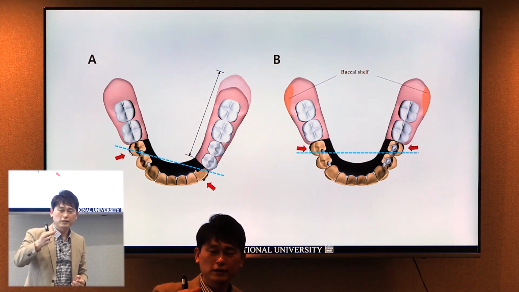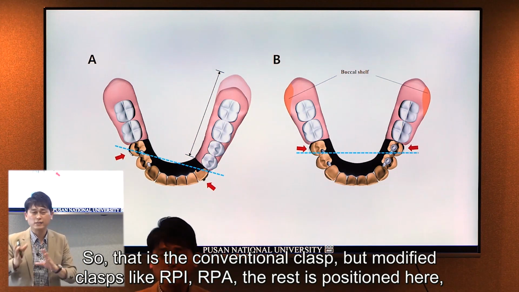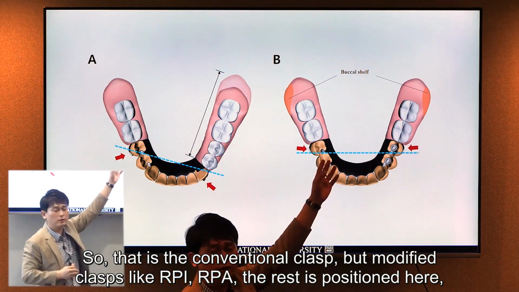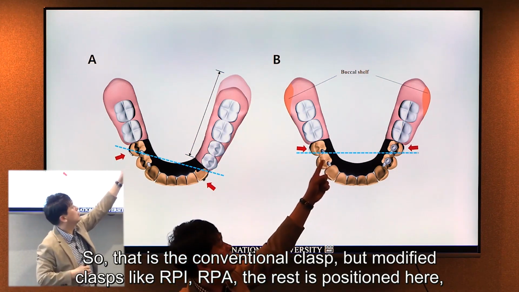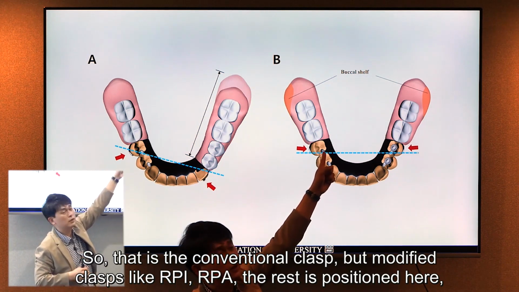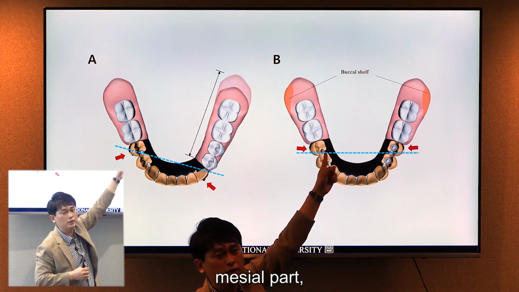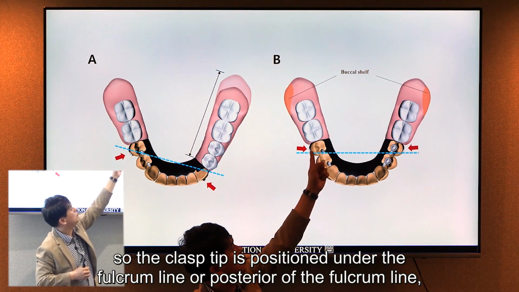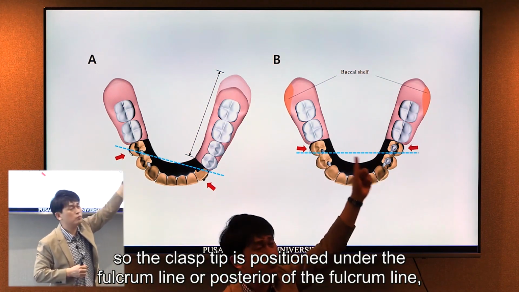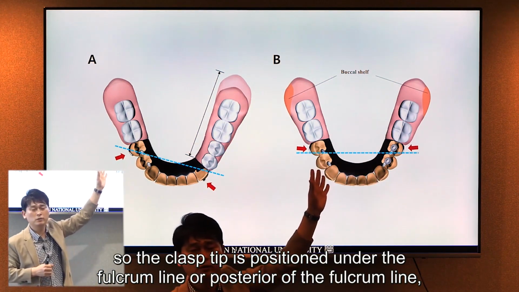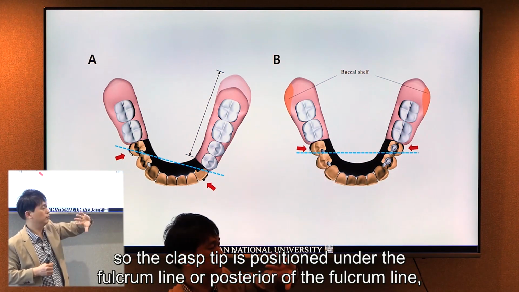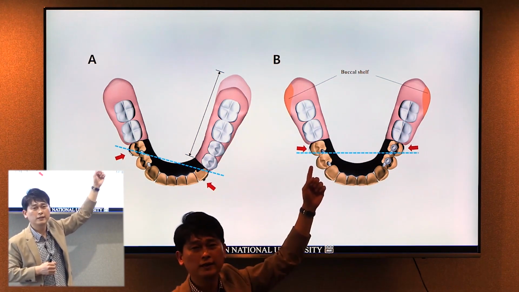Do you understand? So that is the conventional clasp, but with a modified clasp like RPI or RPA, the rest is positioned here, on the major part. So the clasp tip is positioned on the fulcrum line or posterior to the fulcrum line.